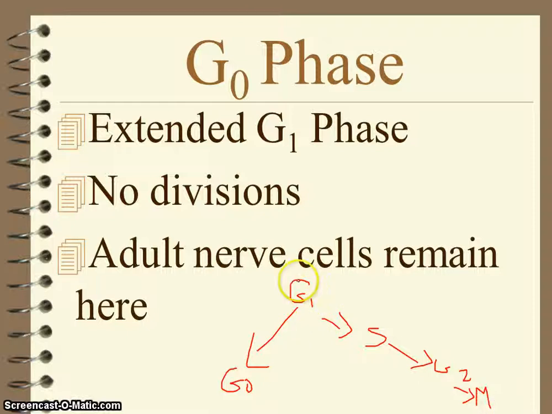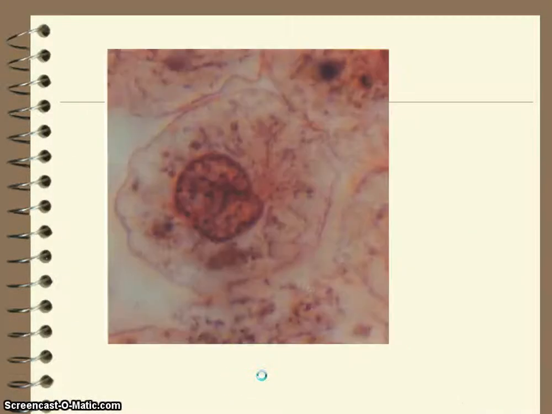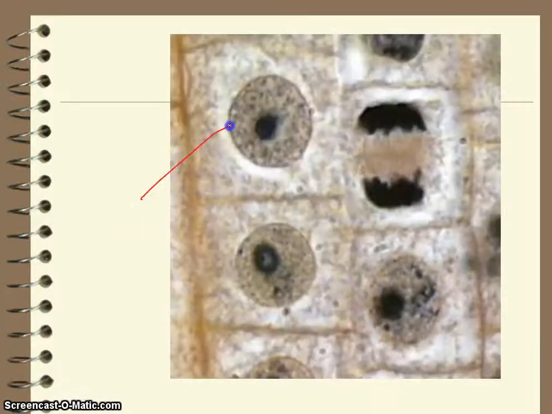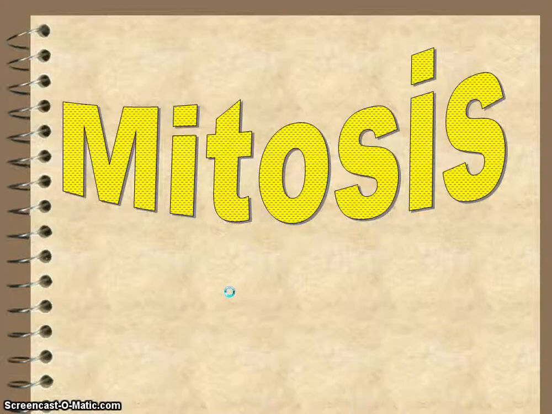G stands for growth, S is making more genetic material, G2 is more growth, and mitosis is M. Again, this is just showing you a cell that has been in interphase, doing all of its metabolic activities. It is preparing for cell division by doubling its genetic material. And these are the cells that are in interphase.